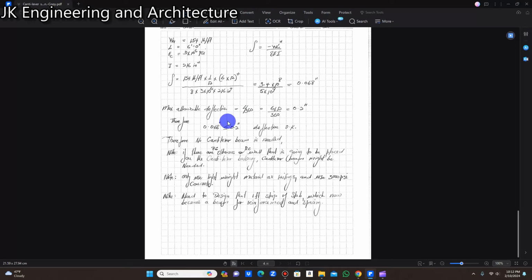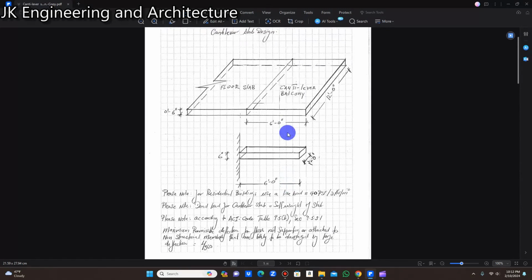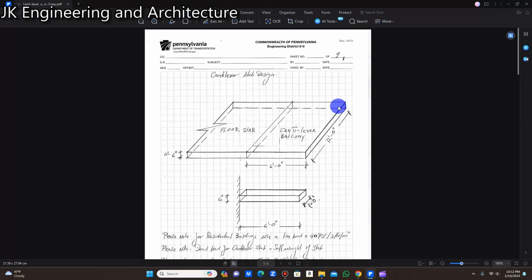But having said that, even though it is okay, if you observe, and let me go quickly back to the cantilever here, you notice there are no railings on the cantilever. If you're going to put a block wall on the cantilever balcony as railings, then I have to do the deflection of that.